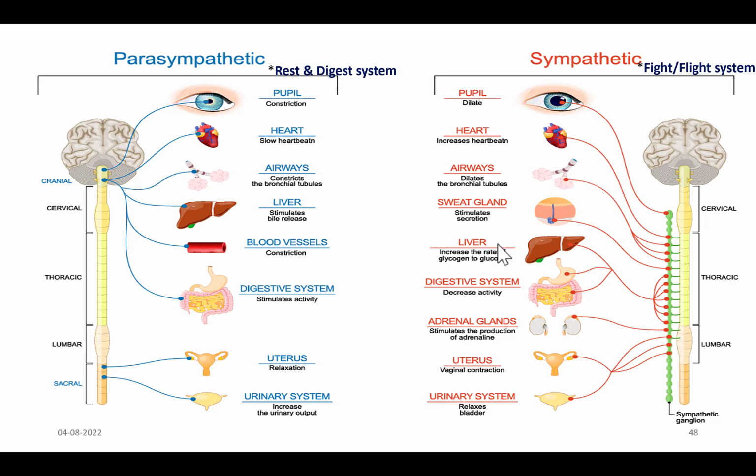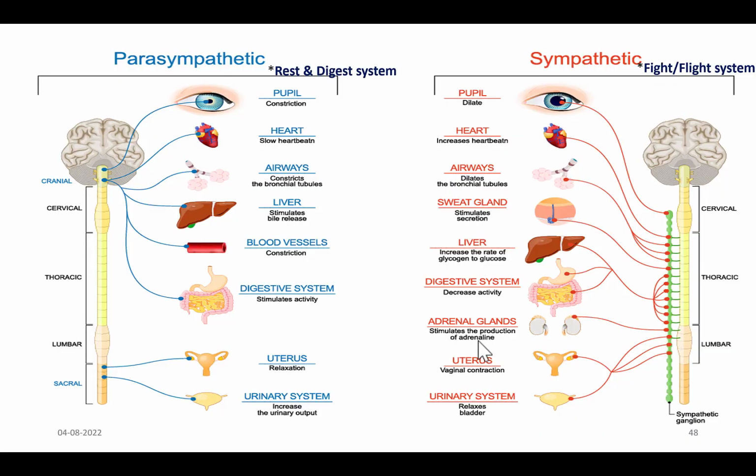Next it is the liver. Inside the liver, glycogen. Glycogen is what? It is a polymer of glucose. It is broken down to glucose to supply more glucose to your leg muscles so that glucose can be oxidized to produce energy. So more glucose is produced inside the liver and that is released into blood.